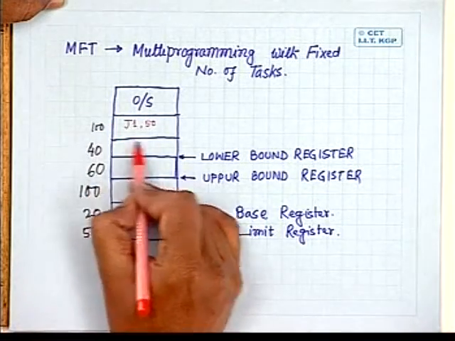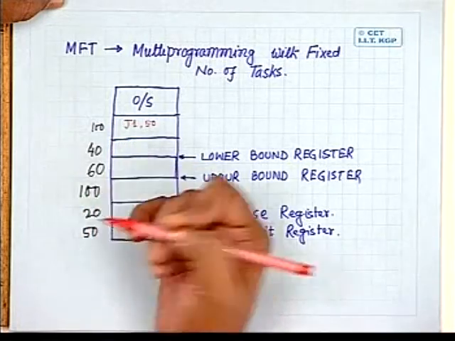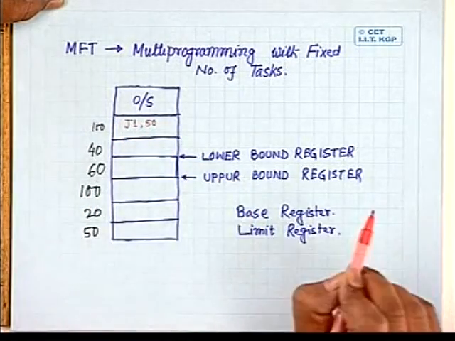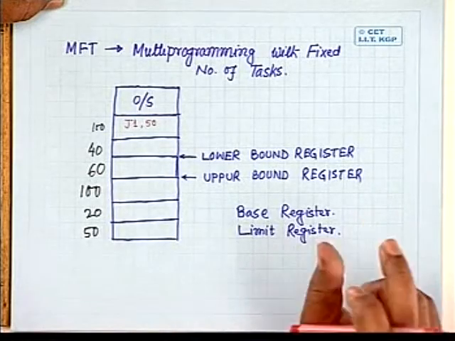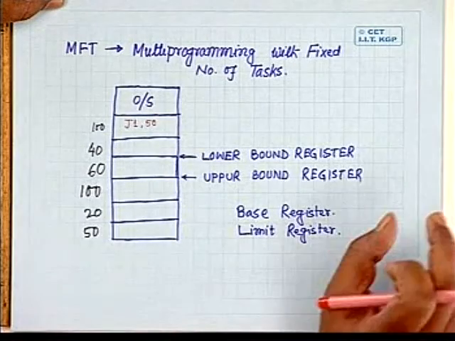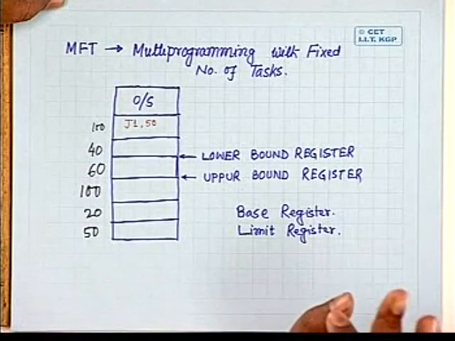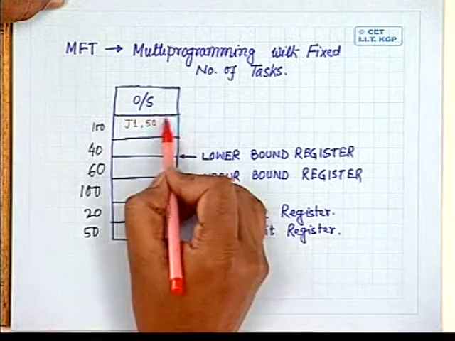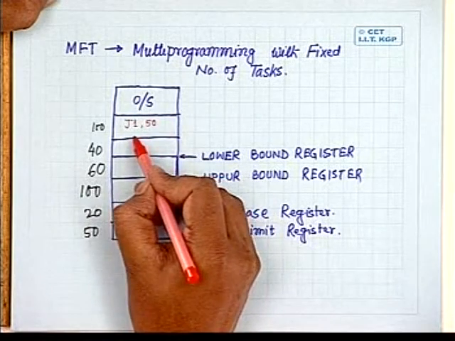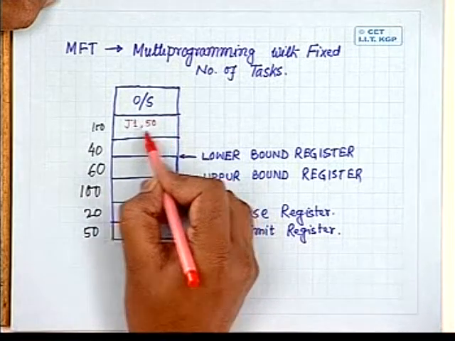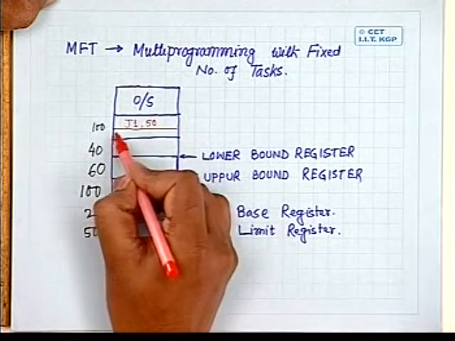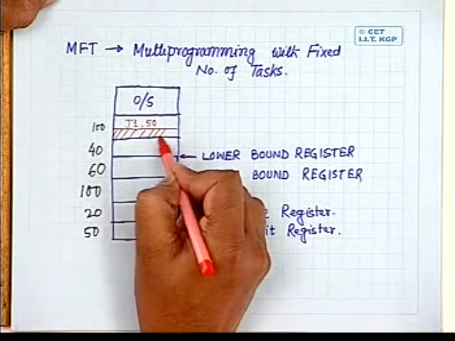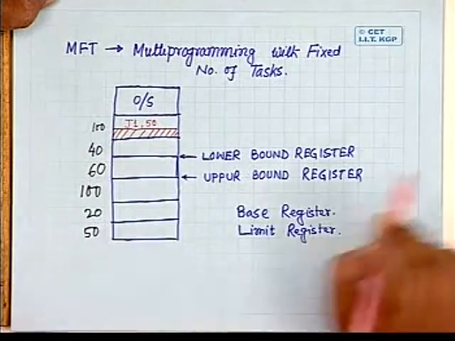Because this is a fixed partition, part of this partition cannot be allocated to any other job. Either a partition has to be allocated in full to a job or not allocated at all. So the remaining 50 kilobytes is wastage. This cannot be used by any other process.